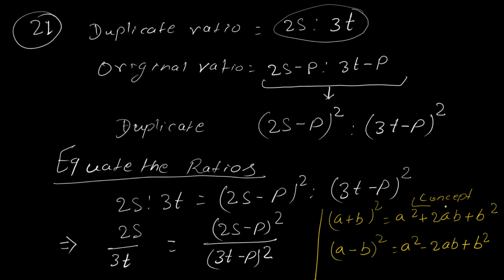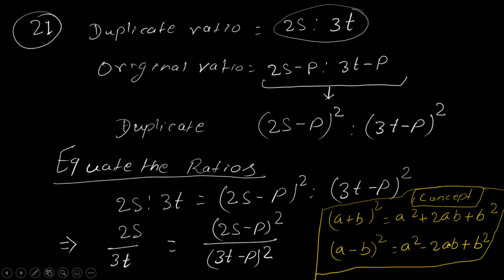I believe all the concepts you are putting into big boxes, so that whenever you are revising quickly. A plus b whole square, a square plus 2ab plus b square, a minus b whole square, a square minus 2ab plus b square. Okay. Now we'll solve it.